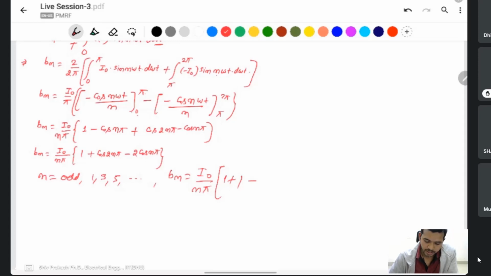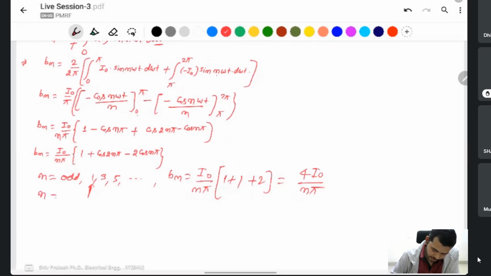Checking with cos π, if you put in 1 only for the check, this one is 1 because 2π means 0, and cos 0 has value 1. And for n equal to 1, cos π means -1, so 1 plus 1 gives 2, and you find 4 I naught divided by nπ.